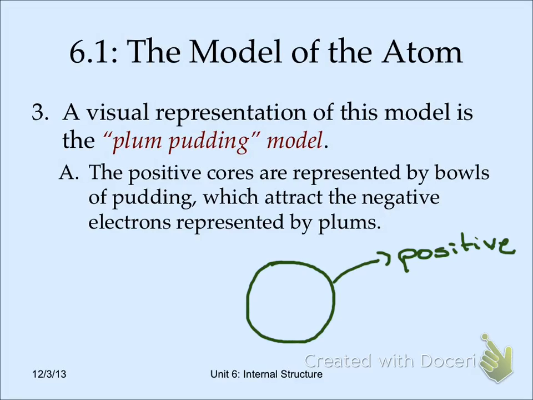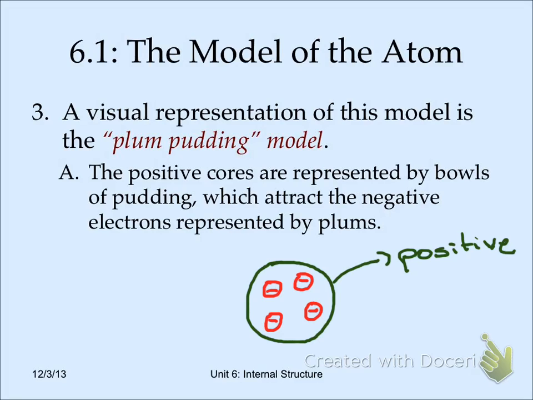And then that makes the pudding, or the plums rather, the negatives. So they're like little spheres inside of the pudding. Here are the plums. I guess plums are purple, but now they're going to be red. There we go. So that's our plum pudding model.